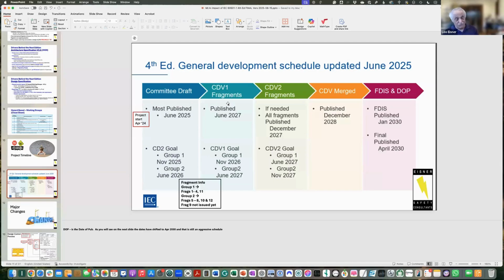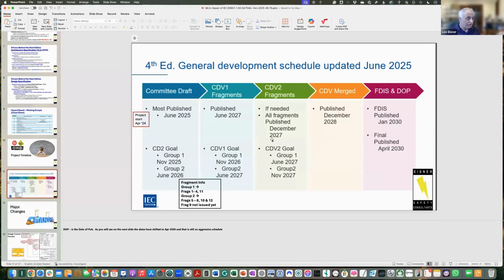Then we have 2 committee draft for votes to come, June 2027, and I don't know how we're going to do it by December 2027 for the second CDV. We have to merge all the fragments, so every working group is working individually and generating their own document, basically, or separate text. They're not merged into one standard yet. It's all separate still. So the CDV, once it's merged, will be one document.